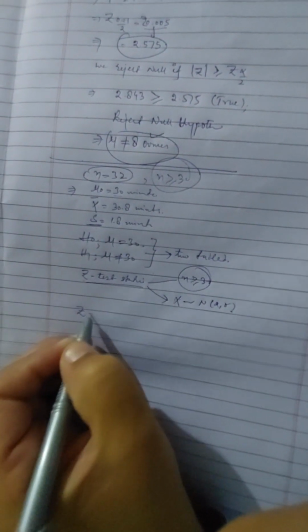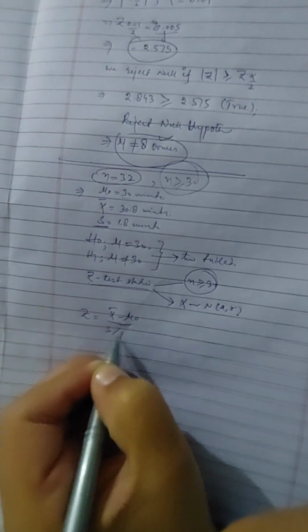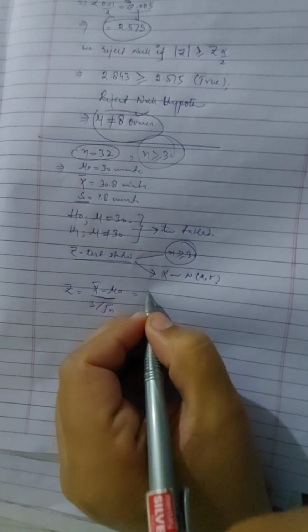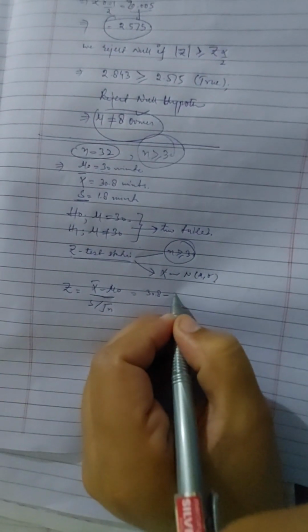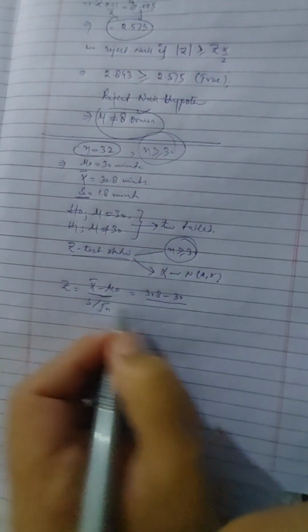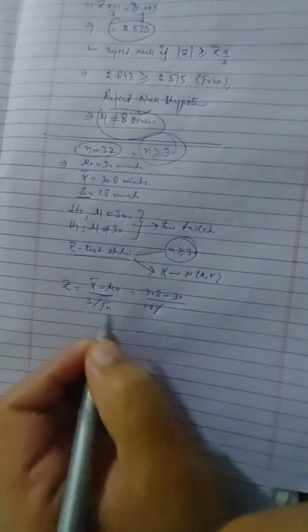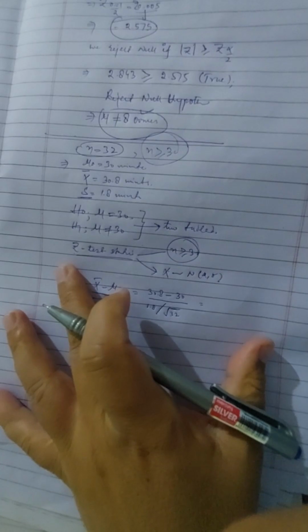Okay, so the z statistic will be equal to x bar minus mu naught divided by s divided by under the root n. So x bar over here is equal to 30.8 minus mu naught is 30 divided by s is equal to 1.8 minutes divided by under the root n is under the root 32.